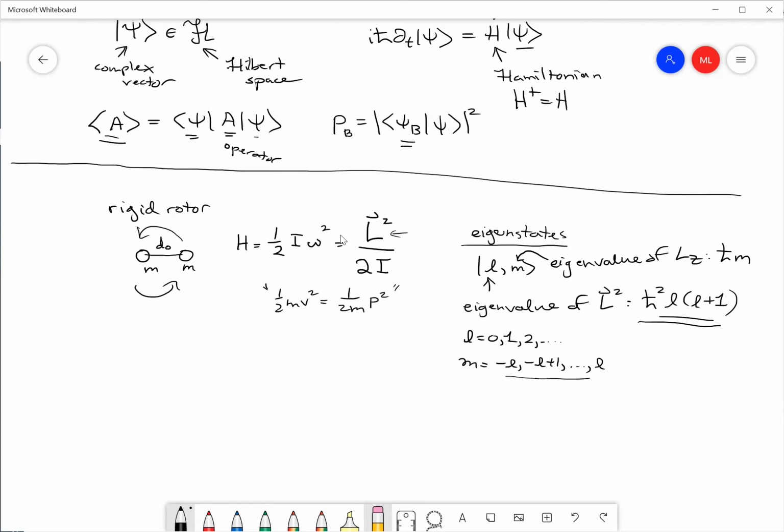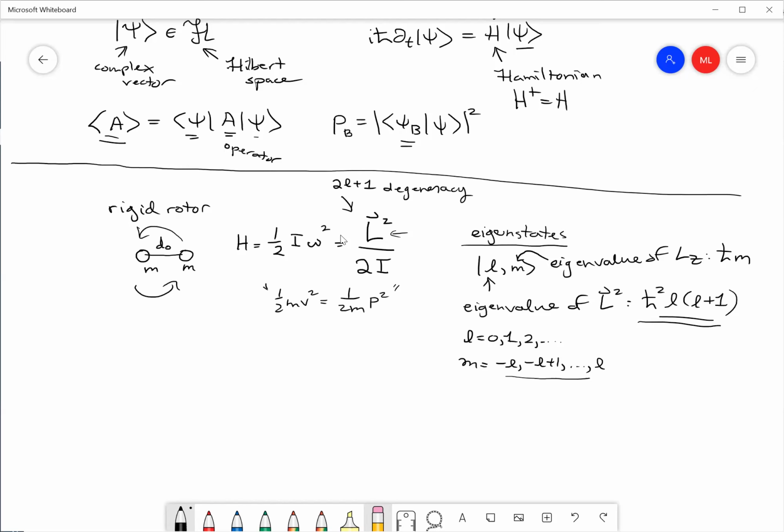So for this operator, there's a 2L plus 1 degeneracy for each energy eigenstate, right? So for each eigenvalue, for each energy level, there's a 2L plus 1 degeneracy.